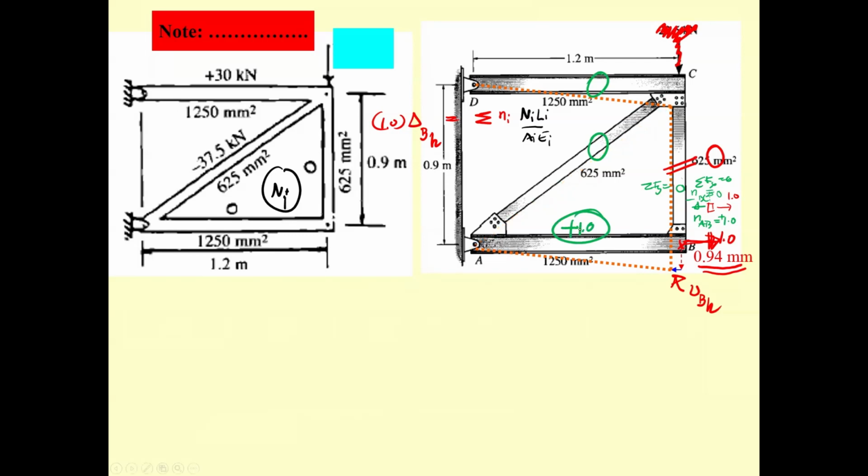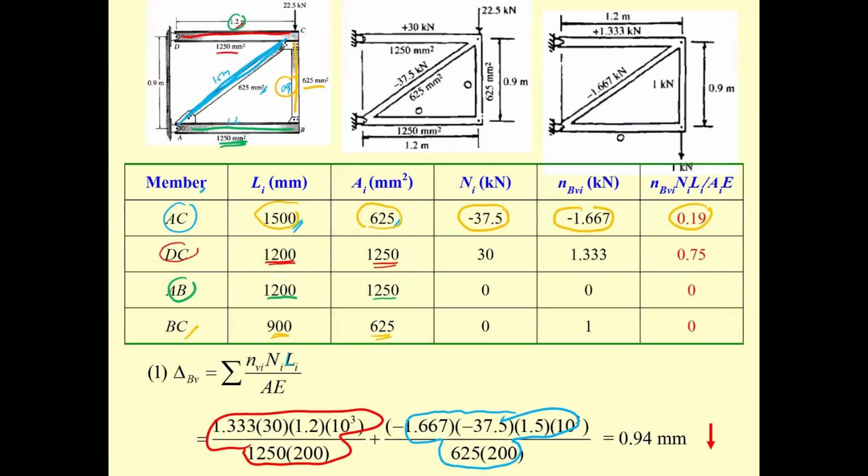Okay. Now let me take you back over here. We have another one, small n sub I in the horizontal direction. We have only for the AB 1.0. This is 0, 0, and 0. And you can see N times this one is 0.